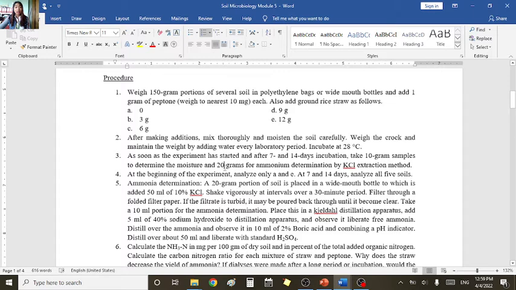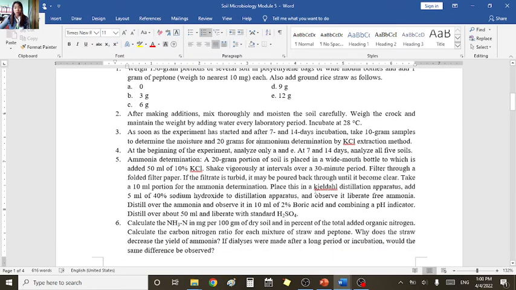Next, take 20 grams to determine the ammonium content using the KCl extraction method or the Kjeldahl method.